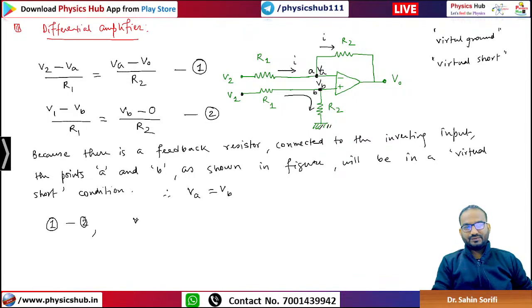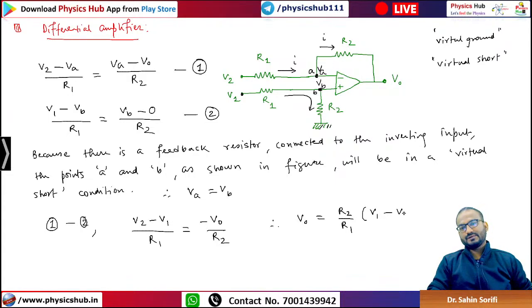So you will get V2 minus V1 divided by R1 equals minus V0 by R2. That makes it V0 equals R2 by R1, and because of the negative sign, V2 minus V1 will become V1 minus V2.